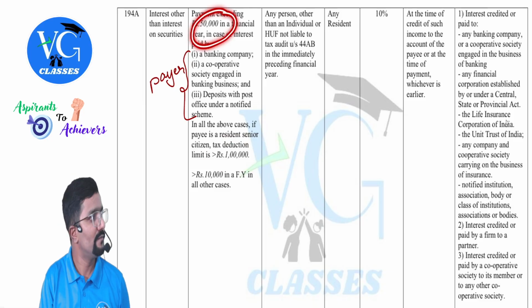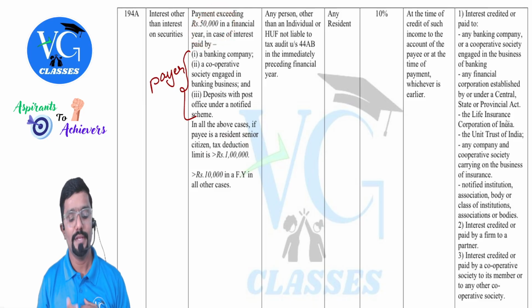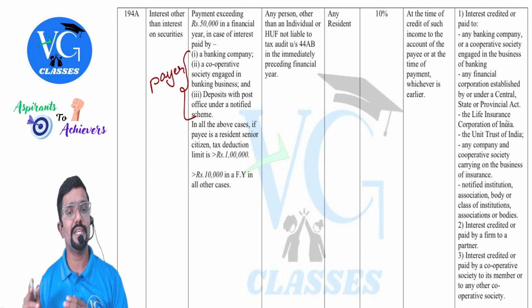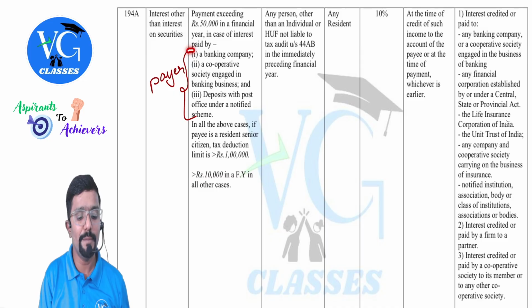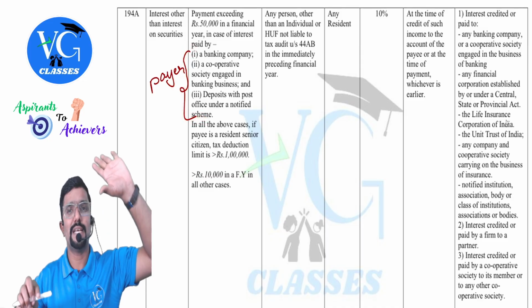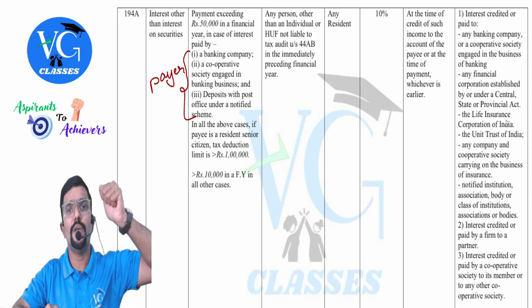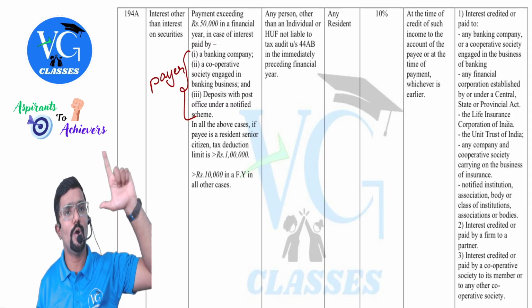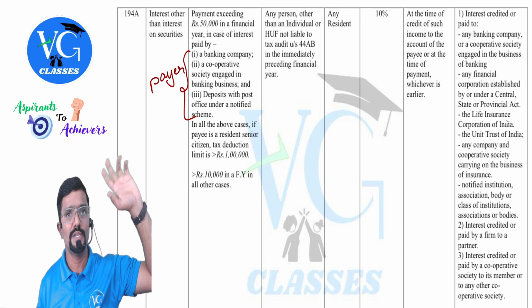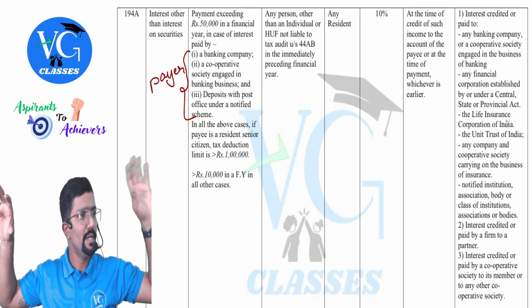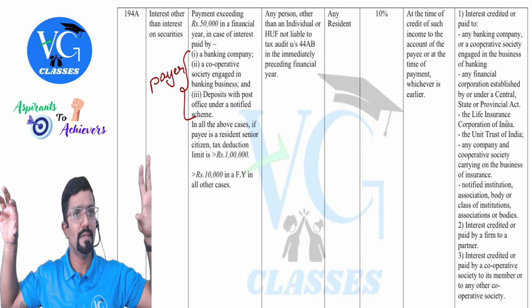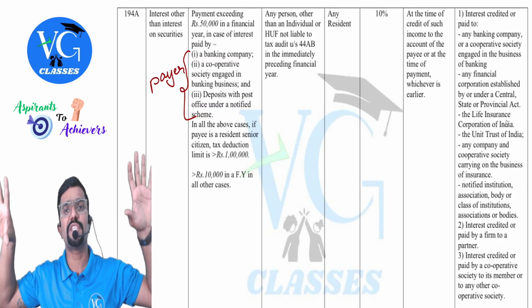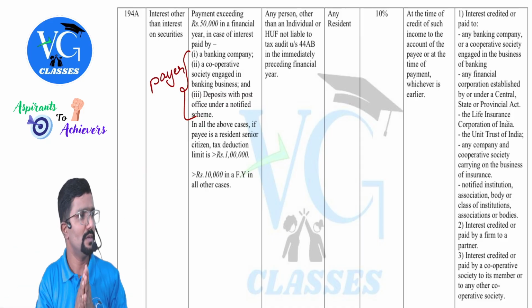For all others, how much? 50,000. Okay. Then 10,000 in a financial year in all other cases, meaning if the payer is any person other than these. Guys, listen, interesting. If the payer is a bank, cooperative bank, or post office, check who is the payee. If the payee is a resident senior citizen, what is the threshold limit? 1 lakh. If the payee is any other person, what is the threshold limit? 50,000.